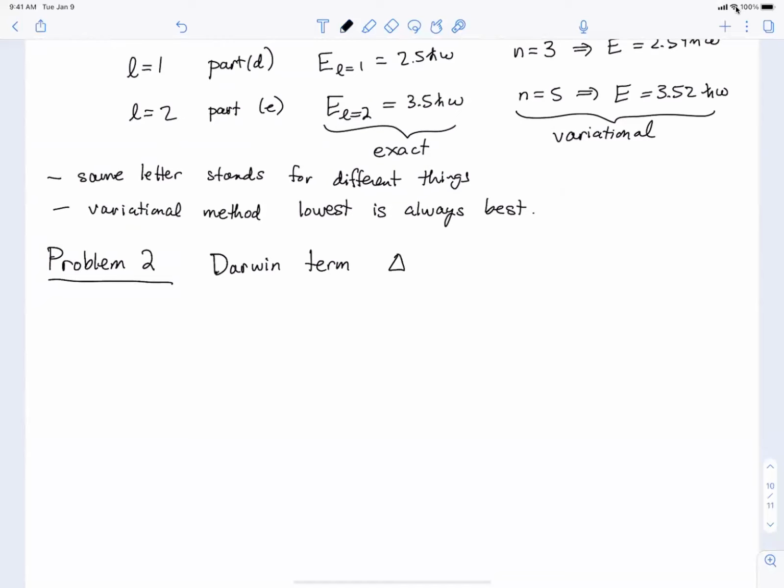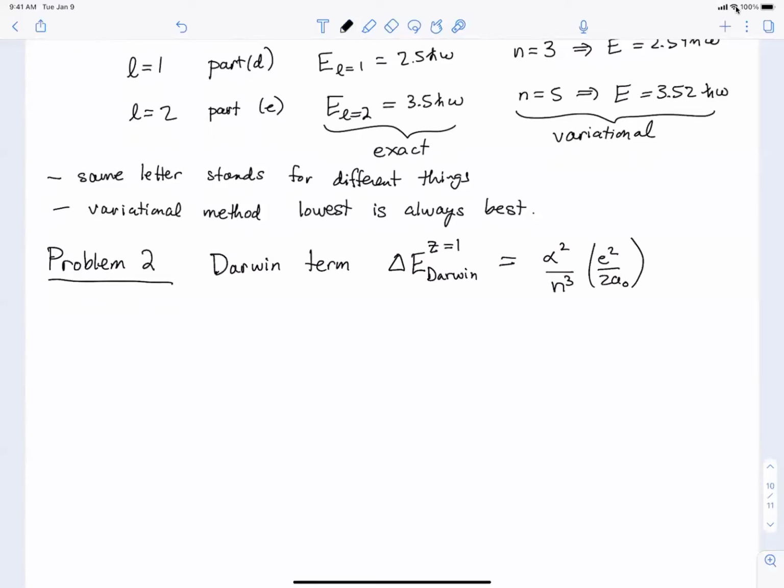So the change in energy from the Darwin term, we did it first for hydrogen, which means Z equals 1. And you should have gotten the fine structure constant over n cubed times a Rydberg.